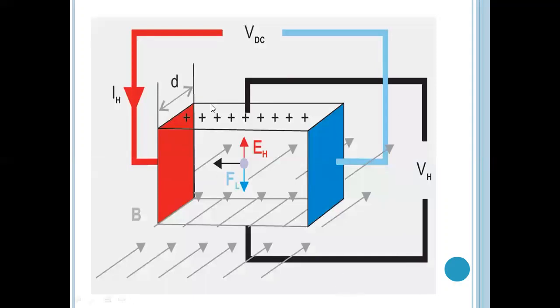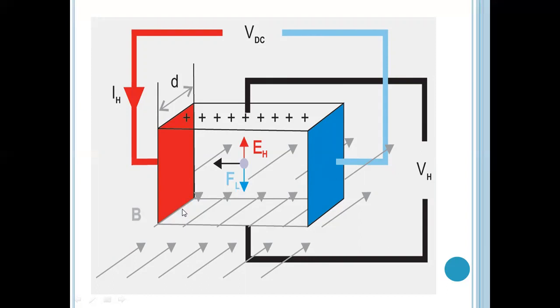Now, actually, what happens with the semiconductor material? Let us consider one semiconductor material which is carrying a current I from the red phase to the blue phase. So, if current is from left side to right side, then flow of electrons will be from right side to left side. When this semiconductor material, which is carrying a current I, is placed in an external magnetic field, whose direction is from front face to back face, perpendicular to the flow of current, then what happens?